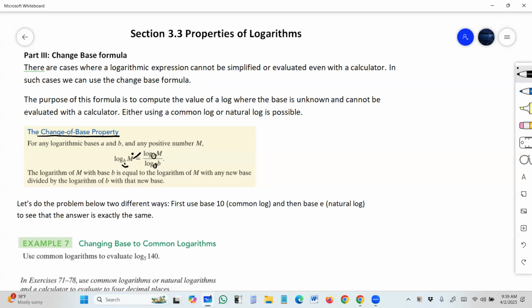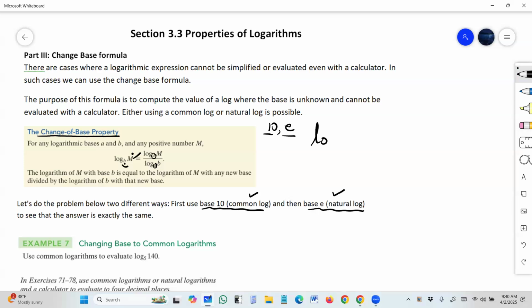So normally, because the calculator has log base 10 and log base e, we normally use either base 10 or base e because the calculator provides us a way to do that. Now, whether you use the common log or the natural log, it doesn't really matter. The answer comes out to be the same. And I'm going to show you that with the examples I have here.